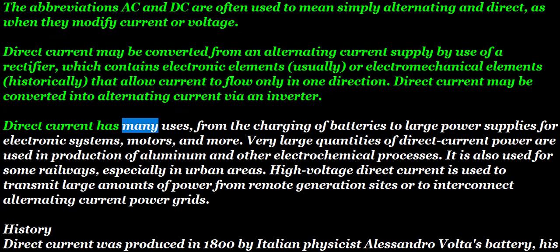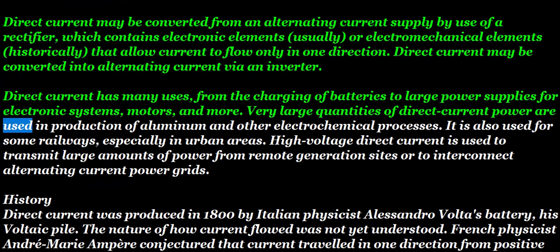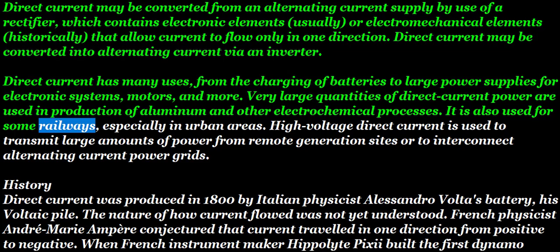Direct current has many uses, from the charging of batteries to large power supplies for electronic systems, motors, and more. Very large quantities of direct current power are used in production of aluminum and other electrochemical processes. It is also used for some railways, especially in urban areas.